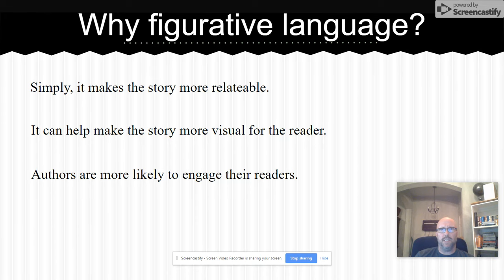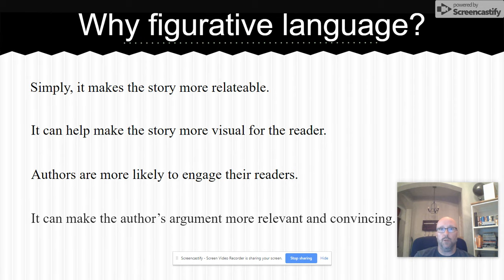So if they can really engage with their readers and draw them into the story, they're going to sell future books. And that's going to make them more money. So it behooves them. It gives them great motivation to bring you into the story. And it can make the author's argument more relevant, convincing, depending on what they're trying to pass on.